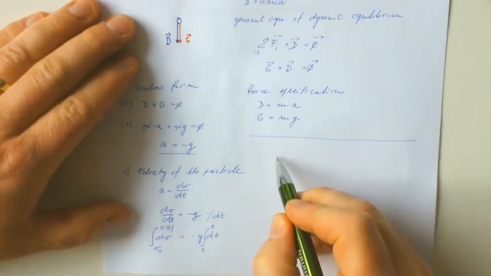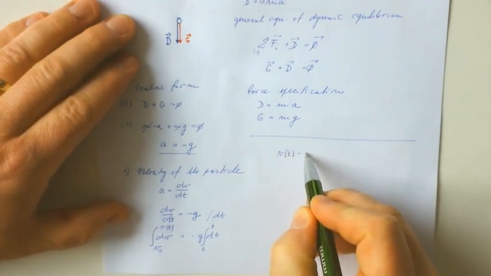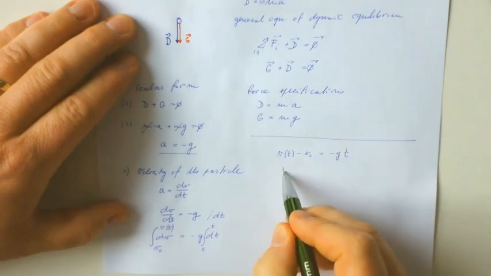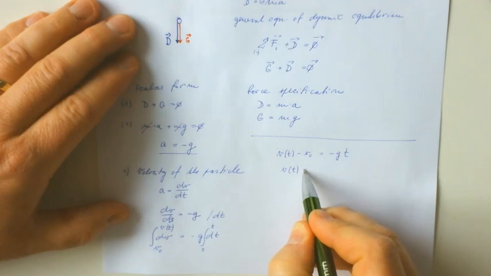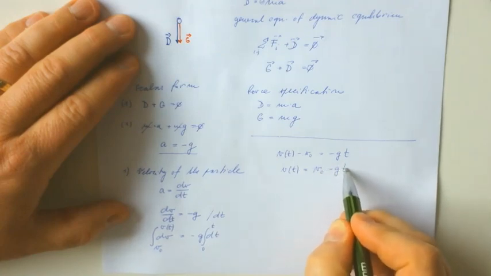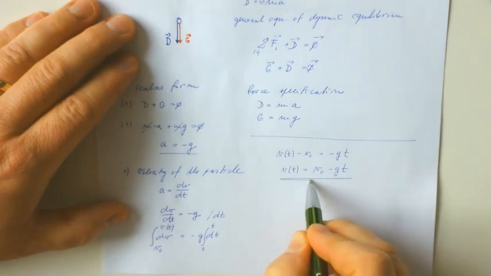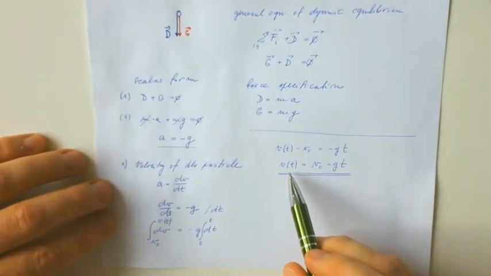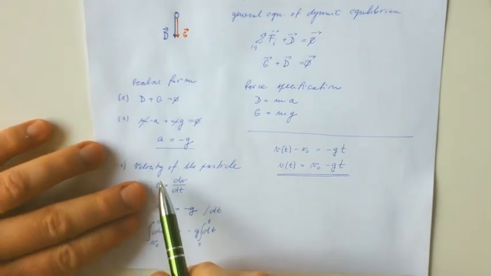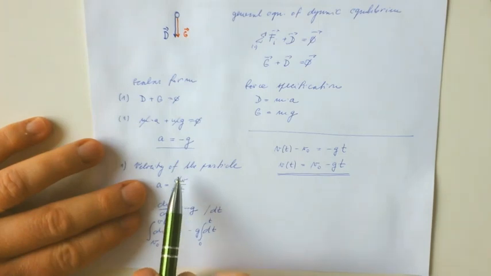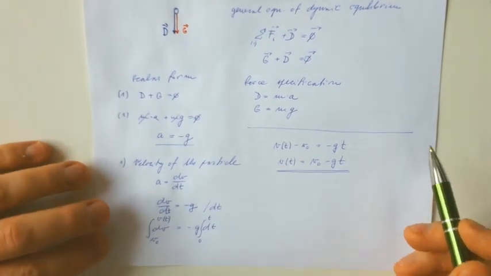So it is v(t) minus v0 is equal to minus g t, and after some rewriting we get this. So it's the final formula for the expression of velocity in time of the particle. Okay.